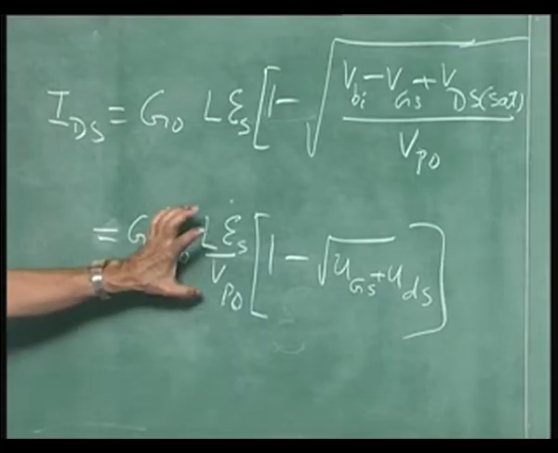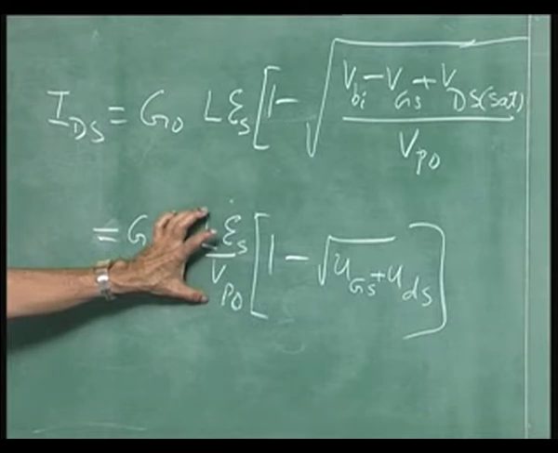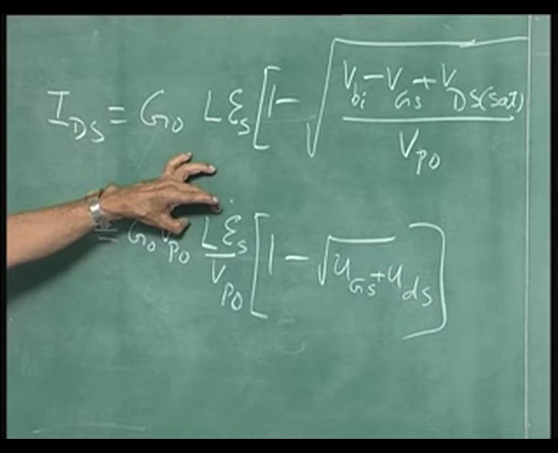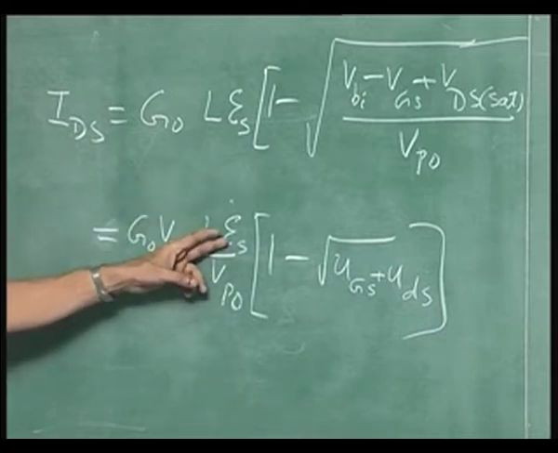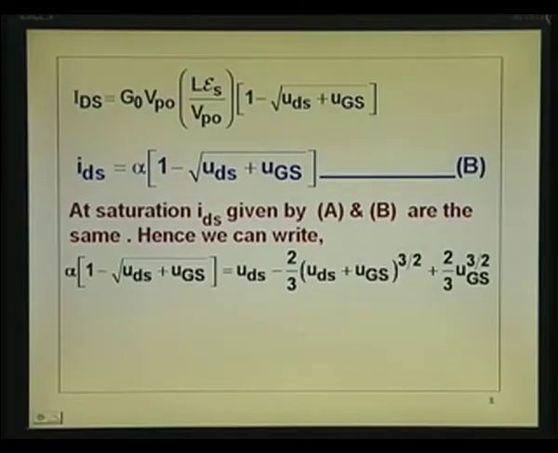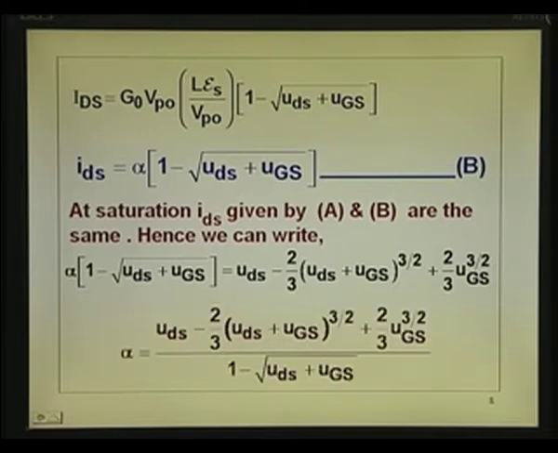This term alpha, the ratio of the channel length into the critical electric field or saturation field divided by V p 0, plays a very important role in deciding whether Shockley's model, which we wrote down earlier, is correct or not. It comes straight from here. Alpha therefore is equal to this quantity, the entire big term.